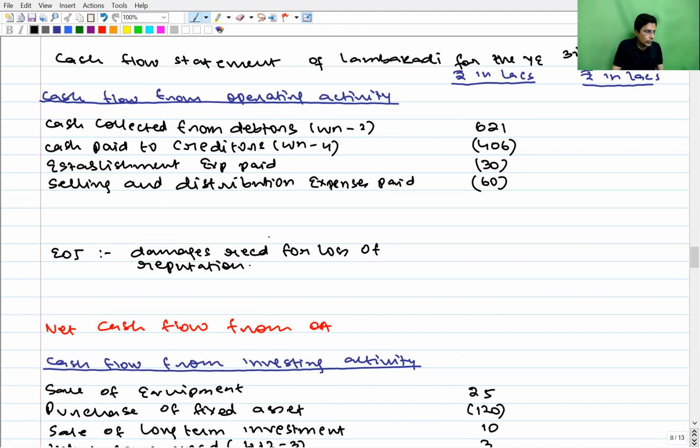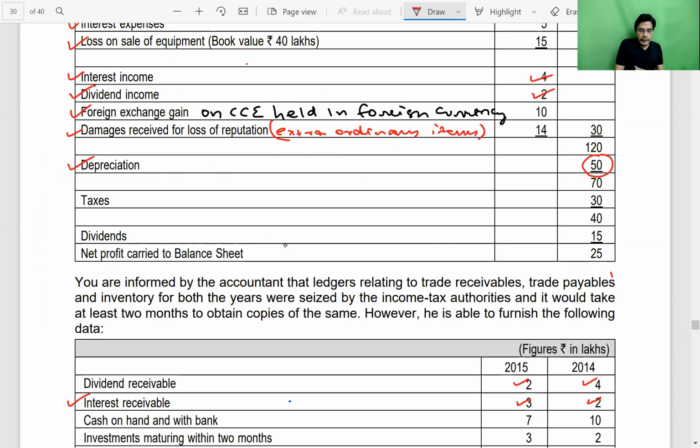Since it's an inflow, we will write it as a positive figure, 14. Then we have depreciation. Already we have put it in the fixed asset account. Taxes, 30.